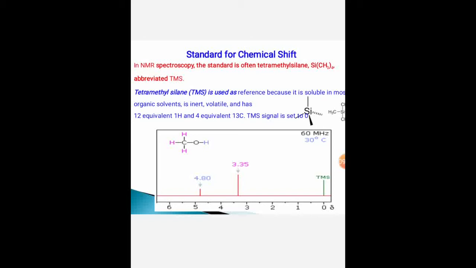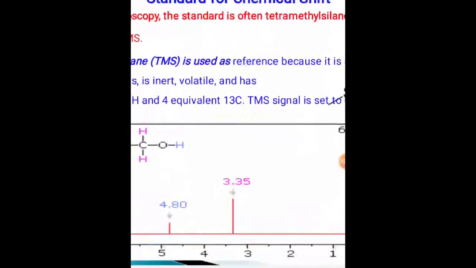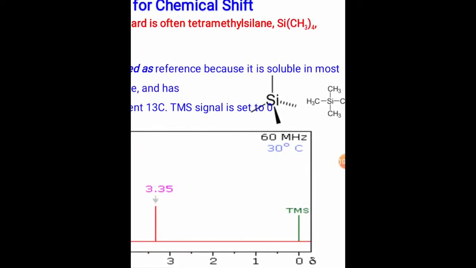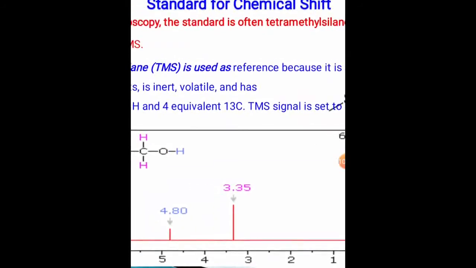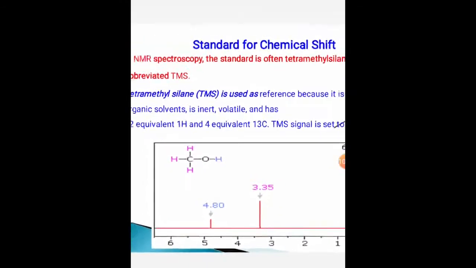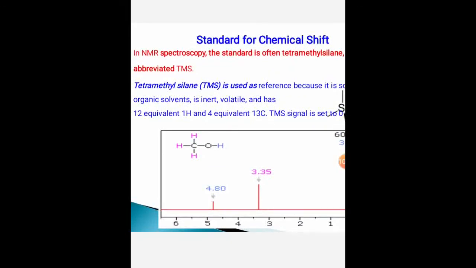And see here in this diagram, the peak of tetramethylsilane. The NMR scale starts from this tetramethylsilane peak, 0. As we move from 0 to 12, it is the deshielding zone, and from 12 to 0, the shielded zone increases.